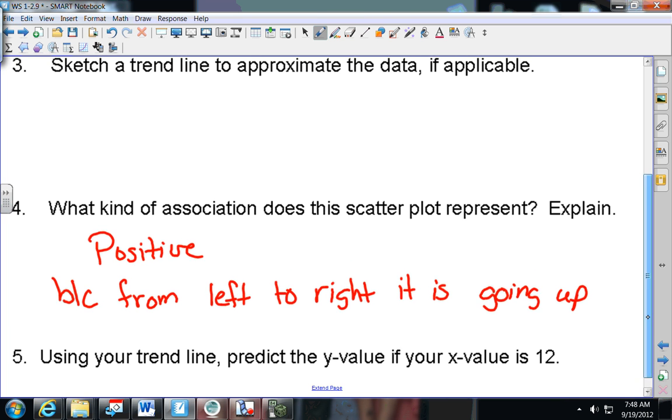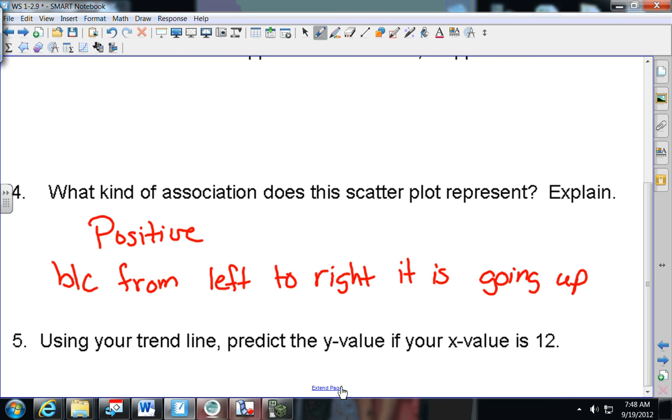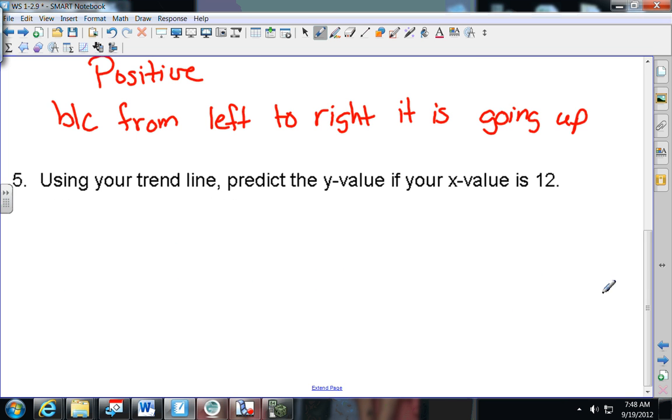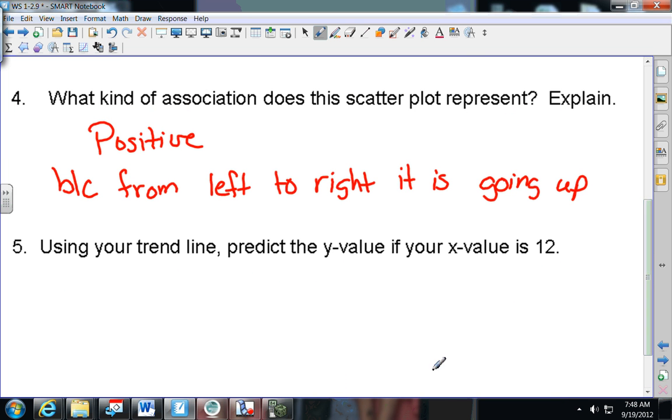Okay. The next question is why we draw a trend line. It says, using your trend line, predict your Y value if your X value is 12.